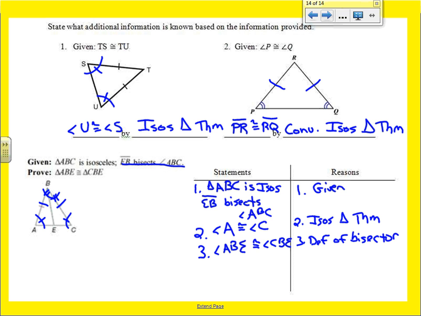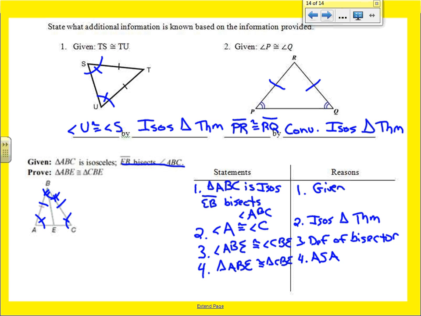Remember, it bisected an angle, so the angles have to be congruent from that. And to finish this out, we have three pieces of information for both of those triangles. So we can say that the two triangles are congruent to one another, triangle ABE congruent to triangle CBE. And in this case, angle, side, angle.